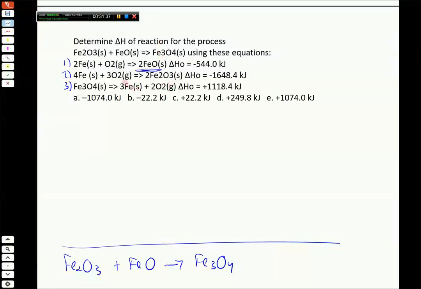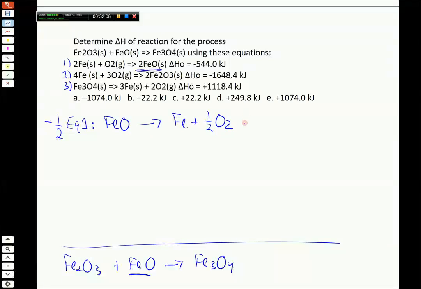That's the only place that FeO, iron 2 oxide, appears. So if we take this first equation and we flip it and multiply it by a half, that will put 1 FeO on the reactant side, which is what we want. So we're going to take minus 1 half times equation 1. And so when we do that, we flip it, we get FeO with a coefficient of 1 going to Fe plus 1 half O2.